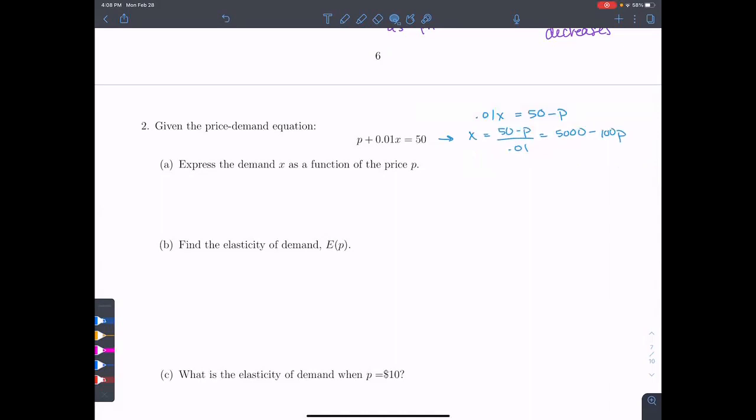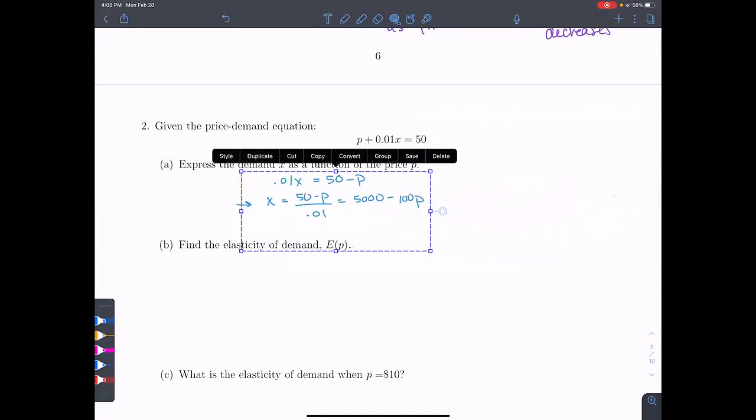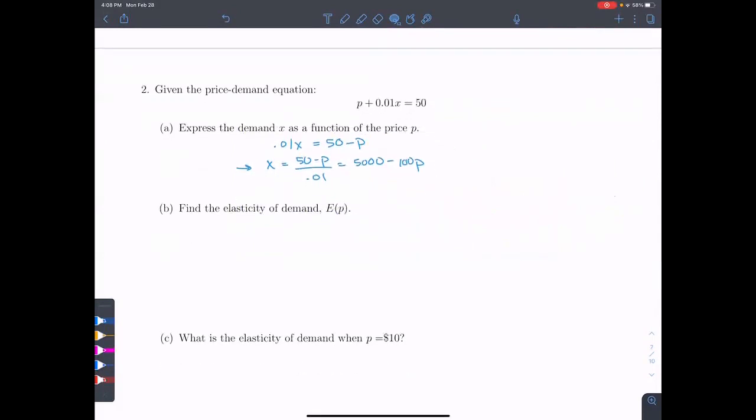Oh, I should save this for right here. Okay. So there is our f of p. And so this is f of p. So elasticity of demand E is going to be negative p times f prime of p over f of p.